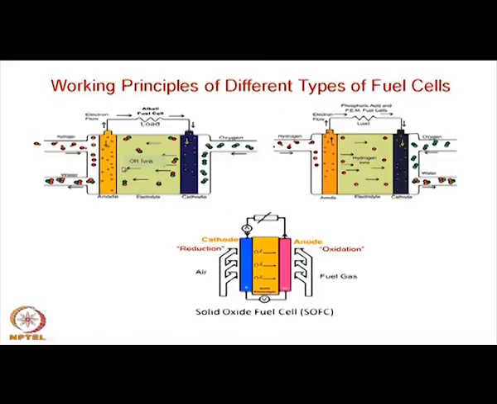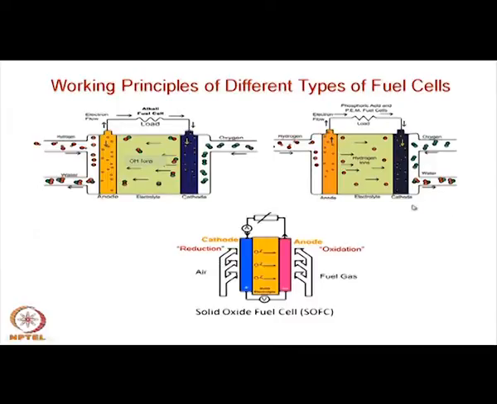So this is hydroxyl ion, this is hydrogen ion, and this is an example of oxygen ion. The electrolyte conducts oxygen ion, and on this side you have the anode, and this is the cathode. On this side you supply air, and here it is reverse to this, because this is hydrogen, this is oxygen. So the cathode and anode will be different.